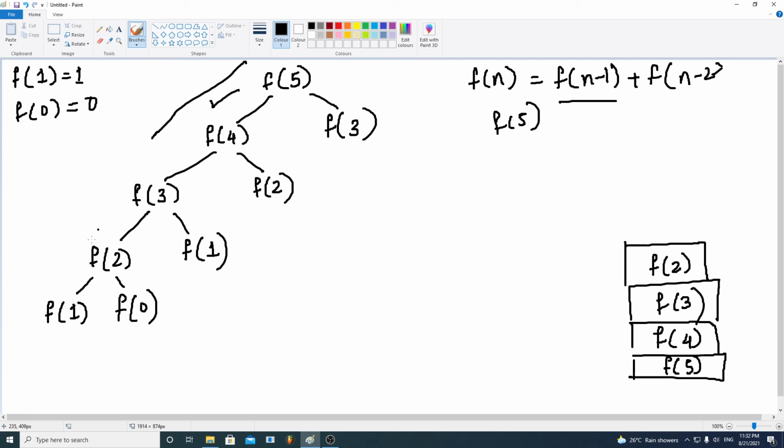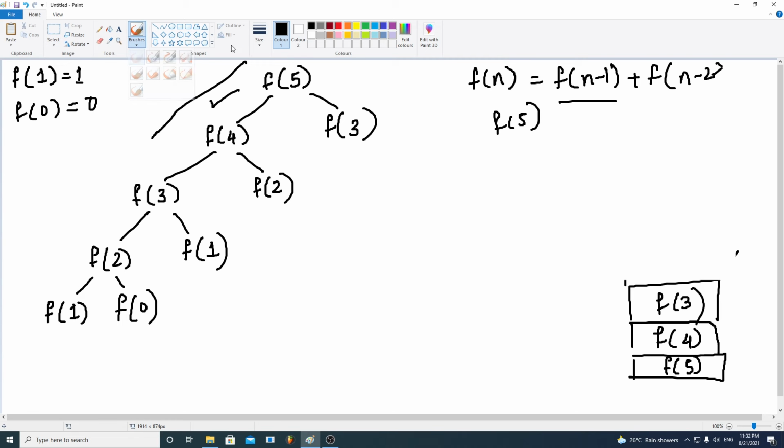So we get the value of f of 2. So hence this is met. So now this thing will be removed from the stack. I'll just select it and take it out. So I've removed it from the stack.